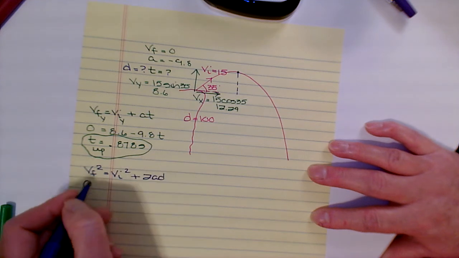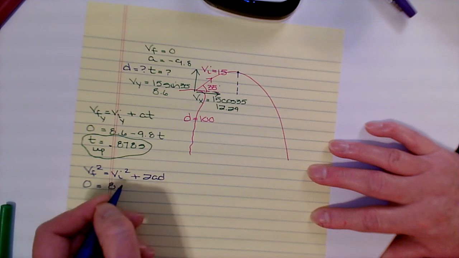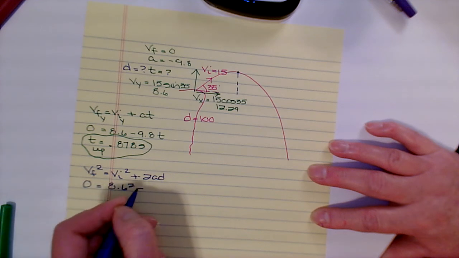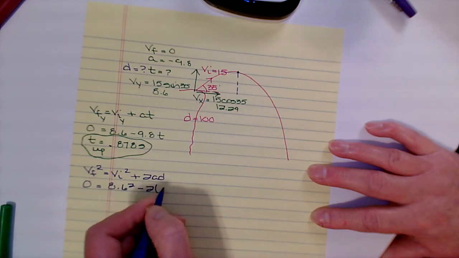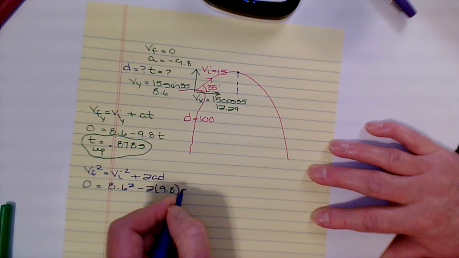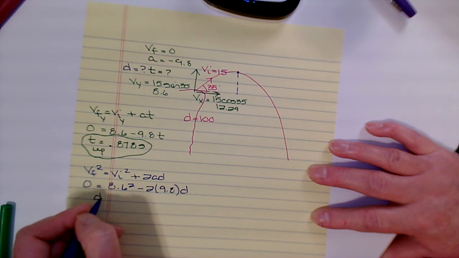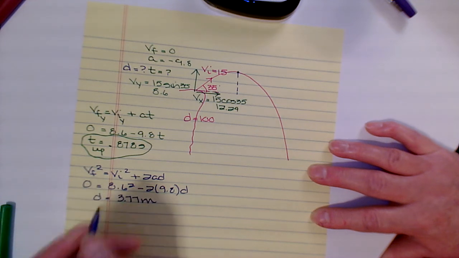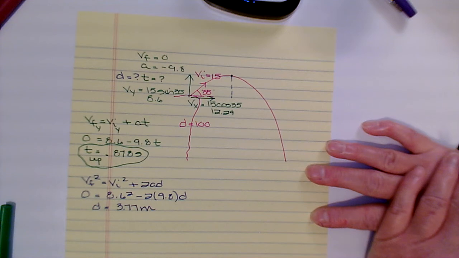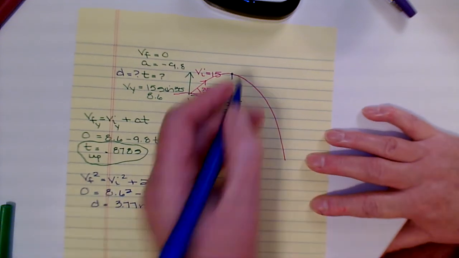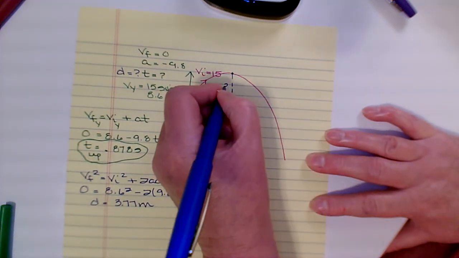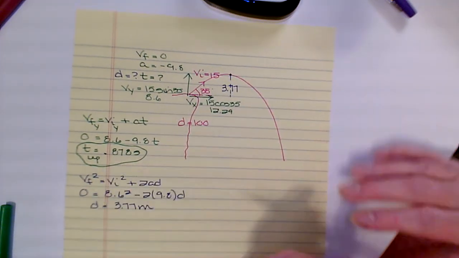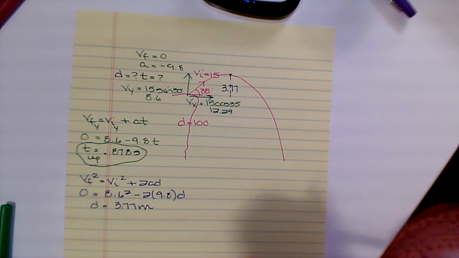So this is going to be a 0, 8.6 squared. The negative actually comes from the 9.8 and D. And we find out that it goes 3.77 meters higher than the cliff. Alright, so this is 3.77 meters. And the height of the cliff is 100.